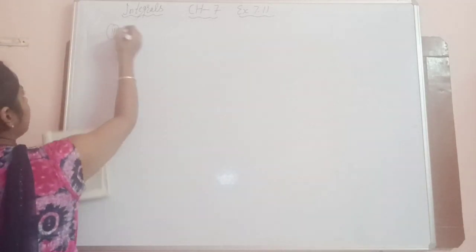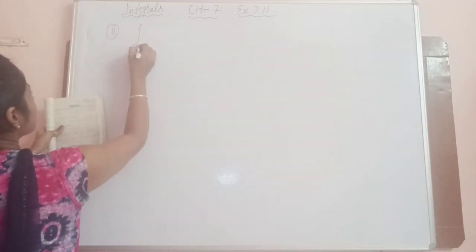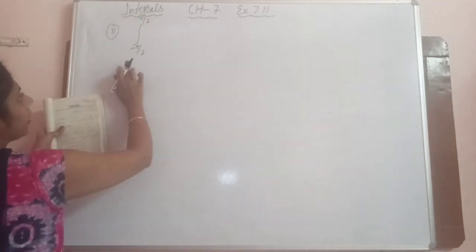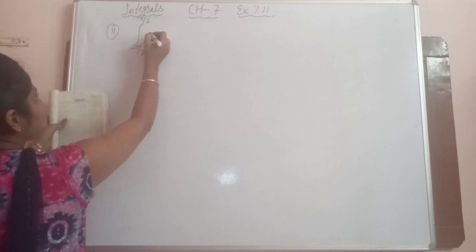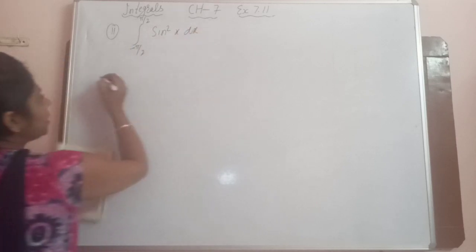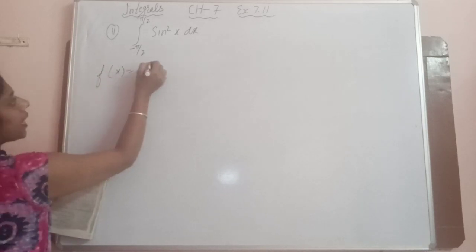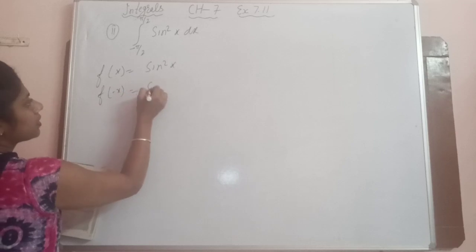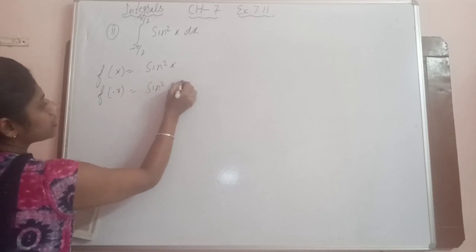In this question we will check whether the function is even or odd, because the limits are minus a to a, minus pi by 2 to pi by 2. Here a is pi by 2. How will we check? The function is sin square x. So replace x by minus x: sin square of minus x.